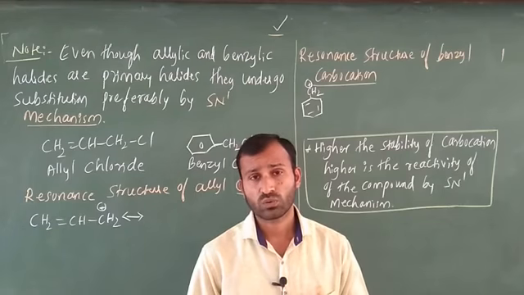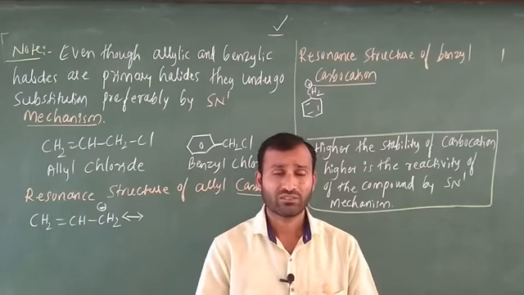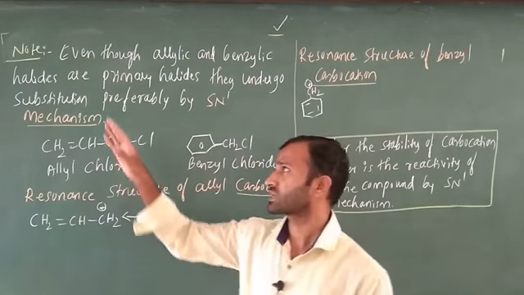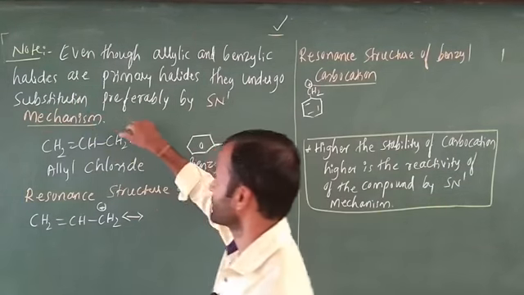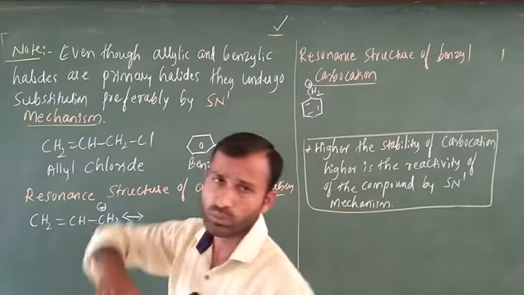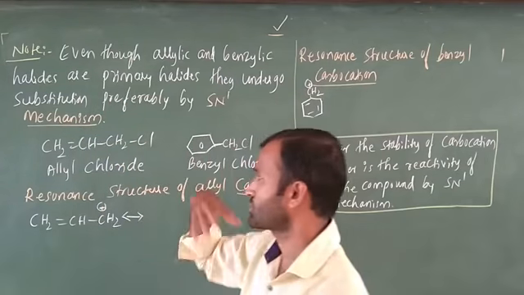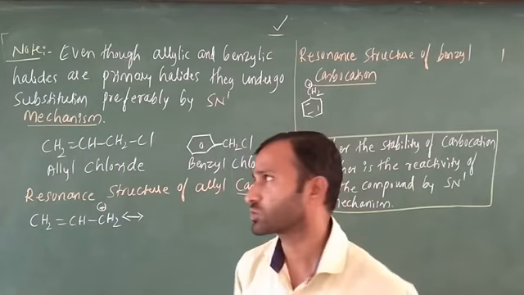We are going to consider allylic chloride. If allylic or benzylic is there, that point is important. We are going to study that point in this class. The first important point is the note. I have taken it as a note, otherwise you can take it as a golden point also, no problem.